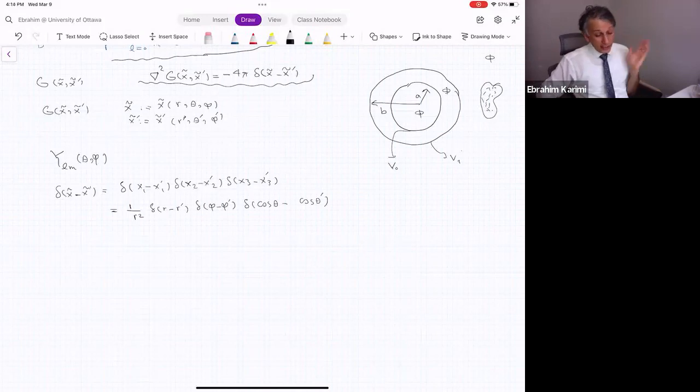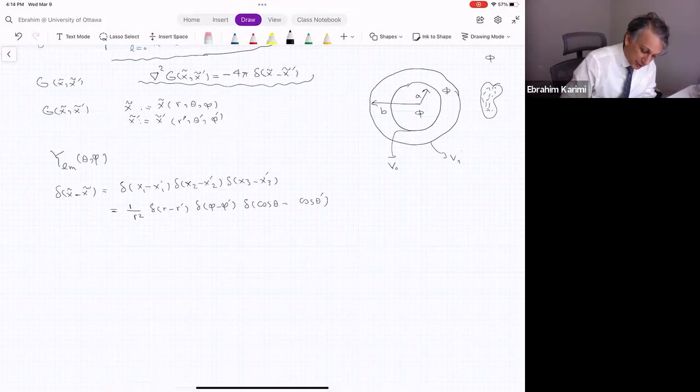So this is what I'm going to do. I will say that the Laplacian of g of x and x prime is given by minus 4 pi times the delta. The delta here in spherical coordinates is 1 divided by r squared, delta of r minus r prime, delta of phi minus phi prime, delta of cosine of theta minus cosine of theta prime.